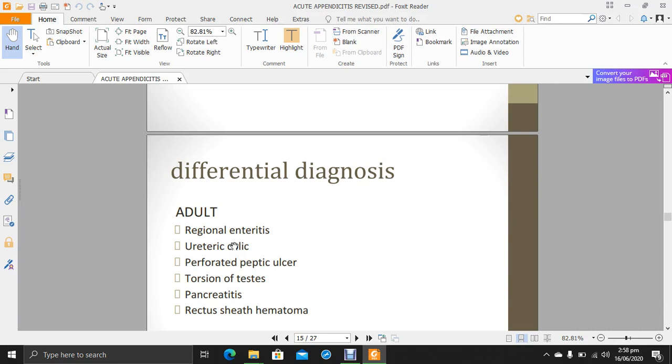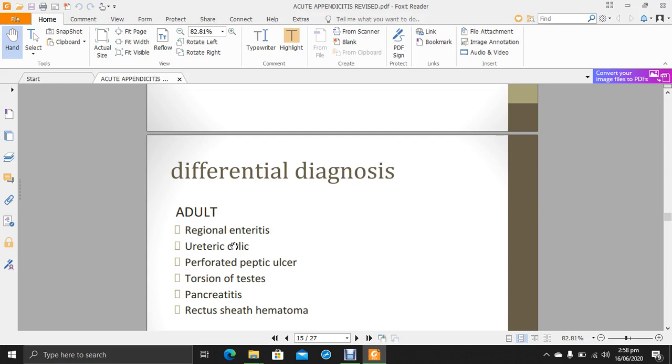With pressure over the right lumbar region, the pain will be relieved. But as far as acute appendicitis and cholecystitis are concerned, the patient will avoid pressure.